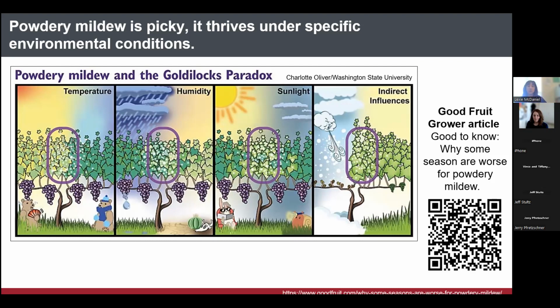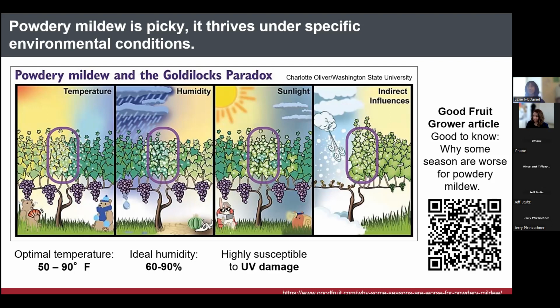It doesn't want to be too cold or too hot. Its optimal temperature for growth is between 50 to 90 degrees Fahrenheit. It likes ideal humidity, so 60 to 90% humidity is ideal for it, but it doesn't need rain. So when you have those thick canopies, that means you have high humidity in that canopy, thus some mildew opportunity. It is also highly susceptible to UV damage.